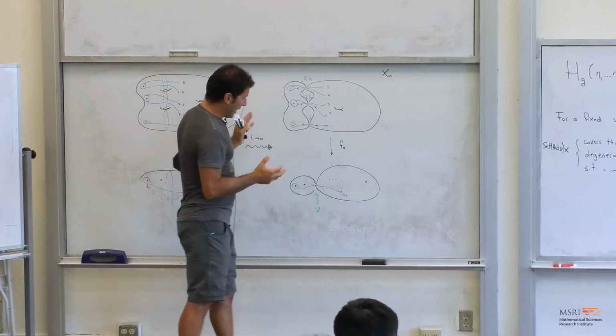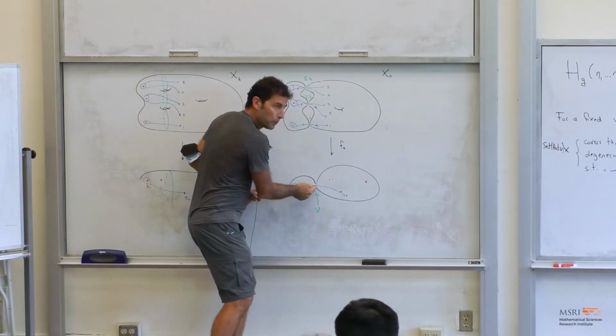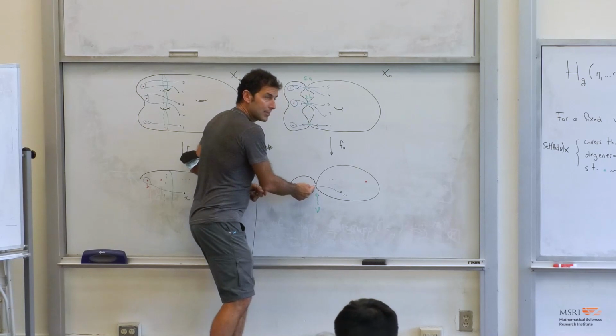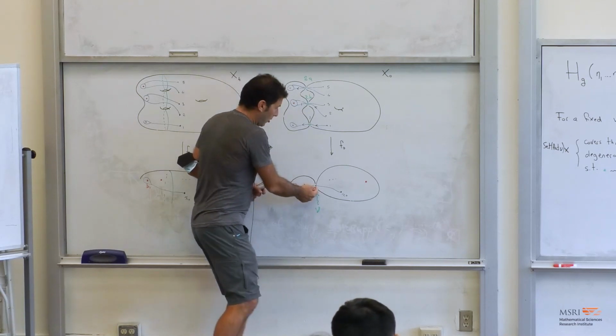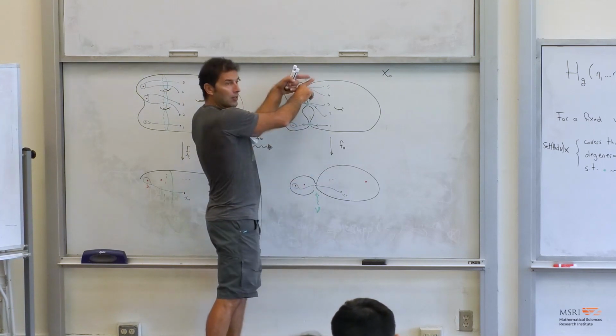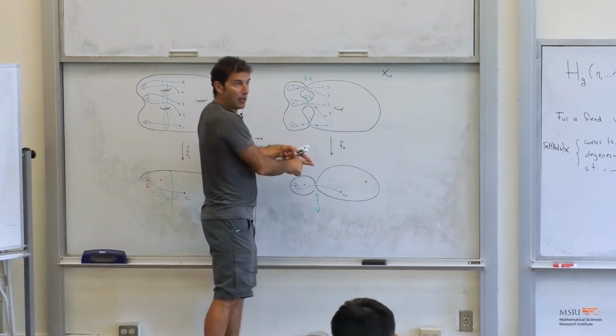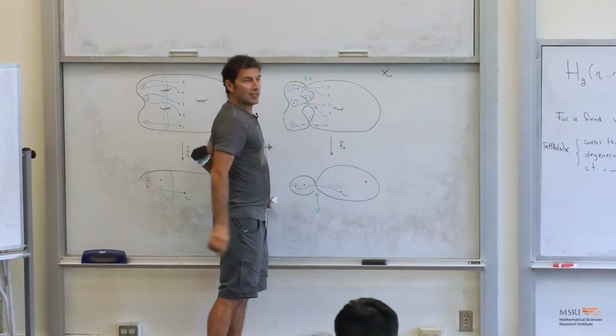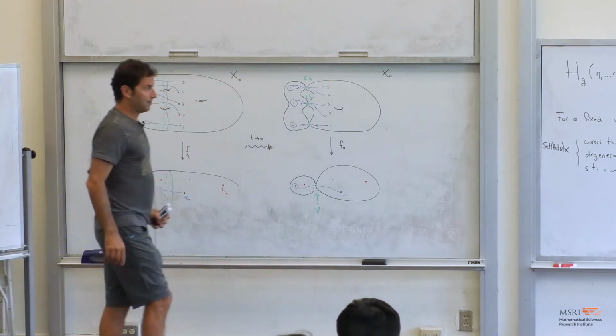So really this is saying that there's only one point here. It's a nodal point. Over this node, in a little open neighborhood, you have two branches here and a bunch of pairs of branches above, and the ramification on each side has to match.